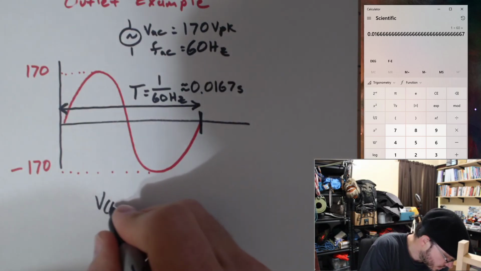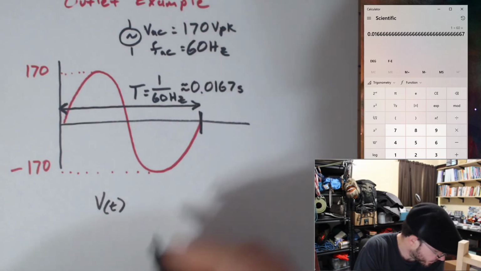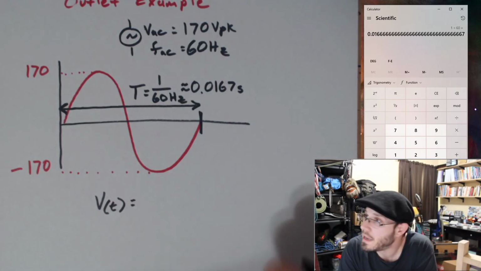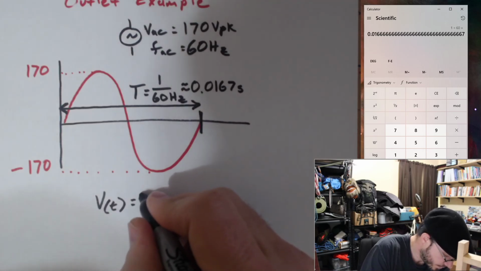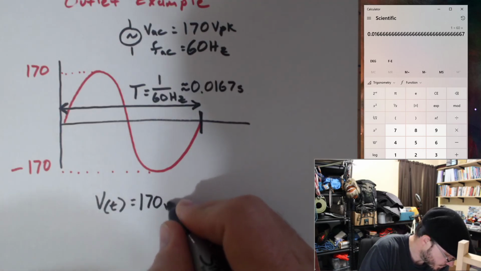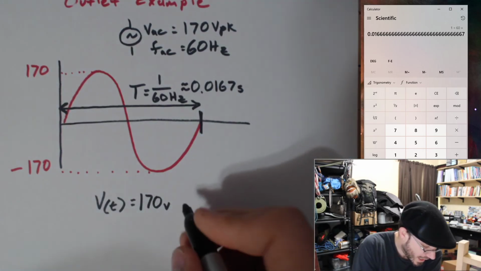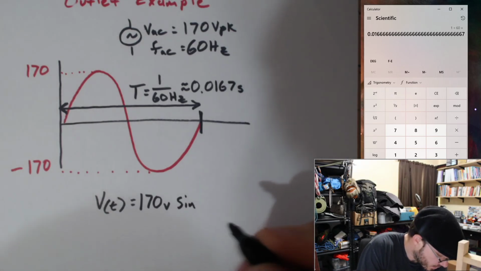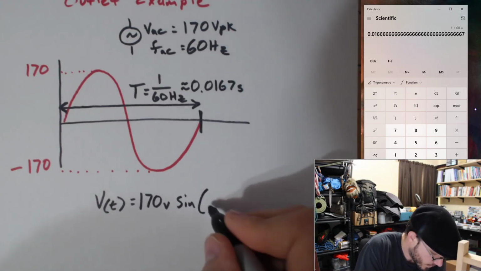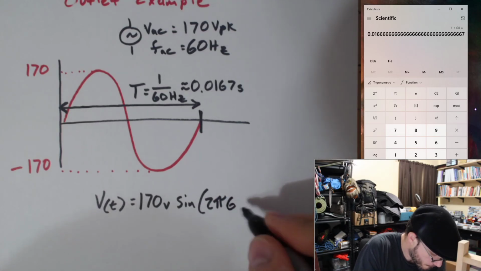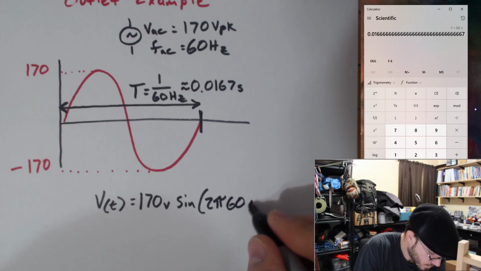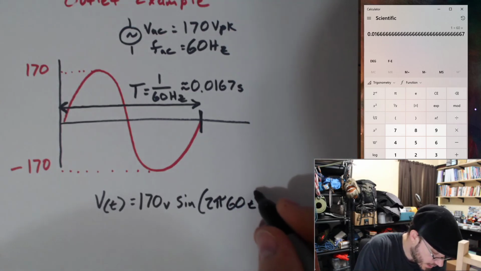So V of t is going to be equal to our peak voltage, which is 170 volts, times sine of 2 pi times our frequency times t.